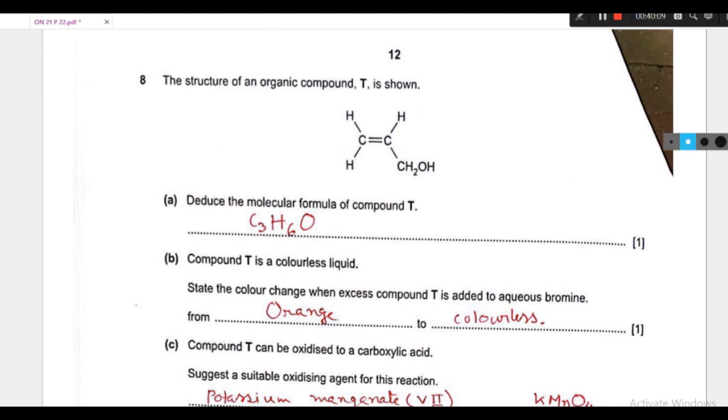So this double bond will become a single bond, one bond will be open on the left hand side, the other bond on the right hand side, then another molecule will be added like this, CH2OH.